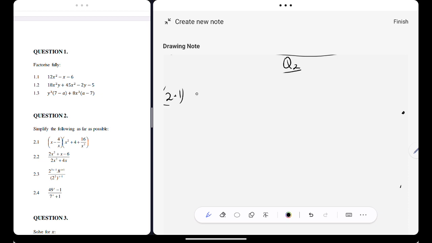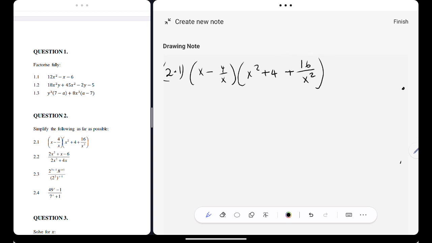Okay, so here I have x minus 4 over x, there I have x squared plus 4 plus 16 over x squared. Okay.